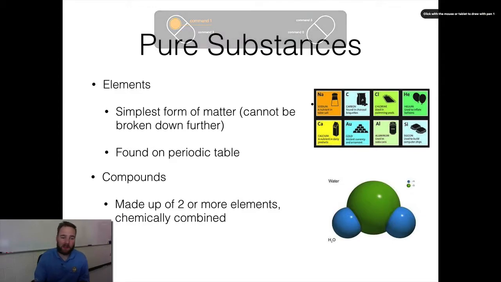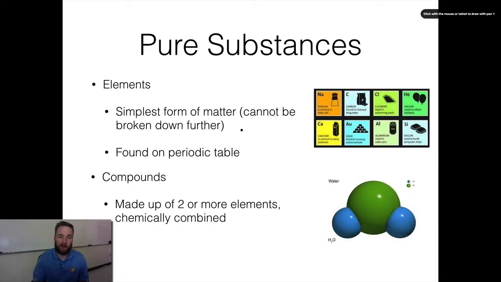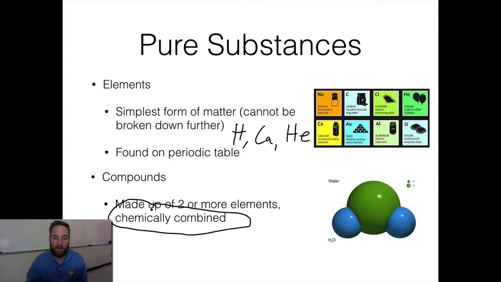So let's write down a few examples of elements. And actually, let's go back up here and write down a few examples of elements and compounds. So elements, we know hydrogen is an element on the periodic table. Calcium is an element on the periodic table. What else? Helium is an element on the periodic table. All these are found on the periodic table, the simplest form of matter. Compounds are made up of two or more elements, and if you have to know any term for this, it's going to be chemically combined.